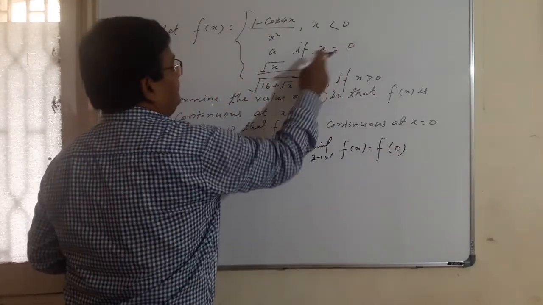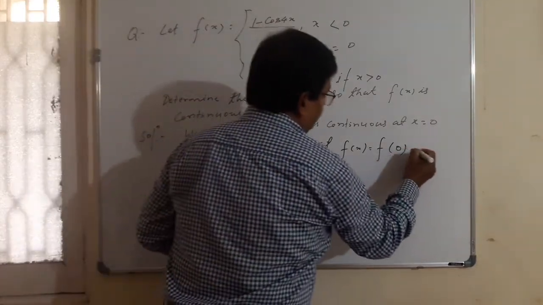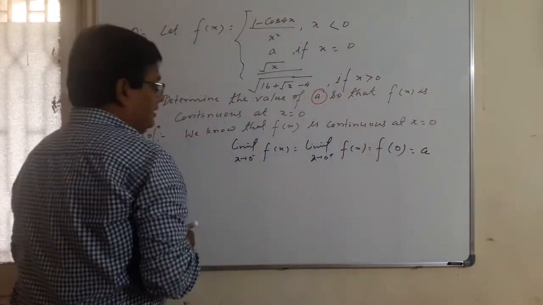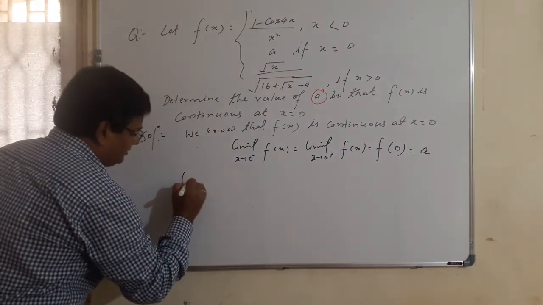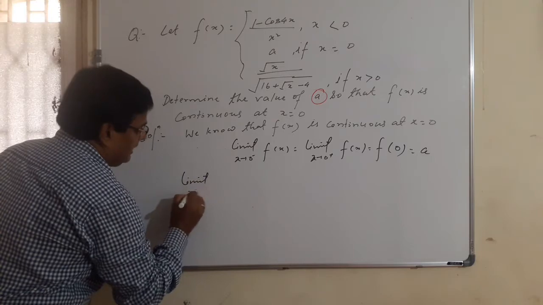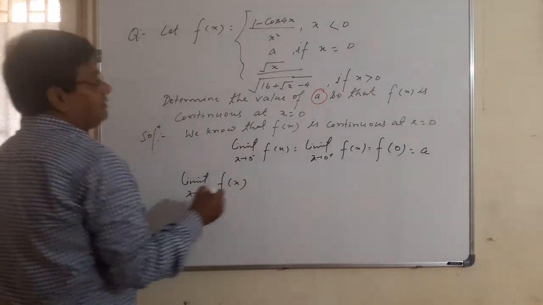See here, f(0), x equal to 0, equal to a. The value is a. Now see here left hand limit, first limit x tends to 0 minus f(x).